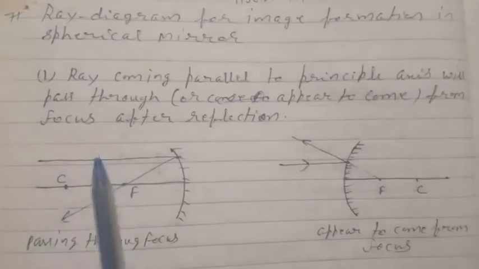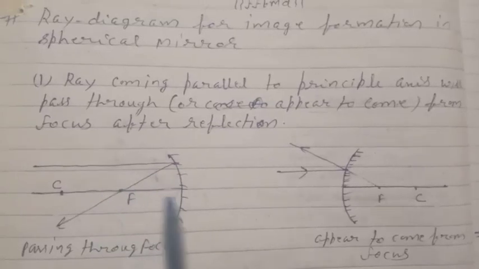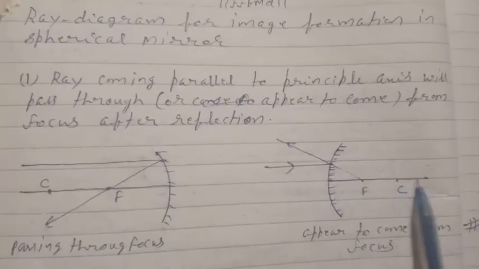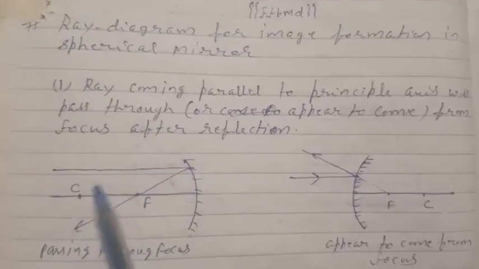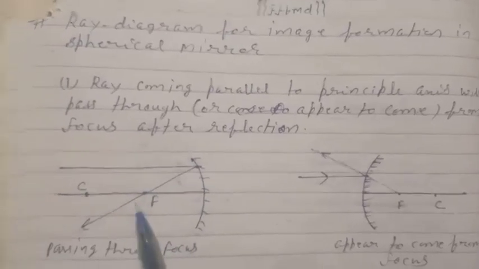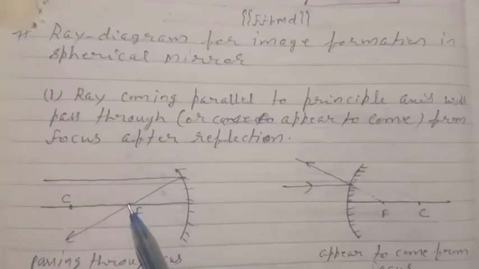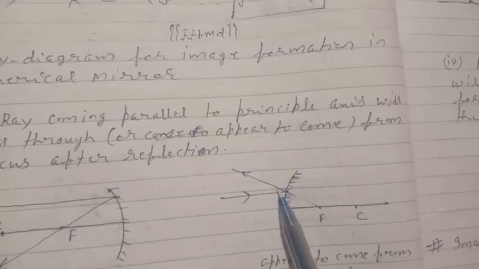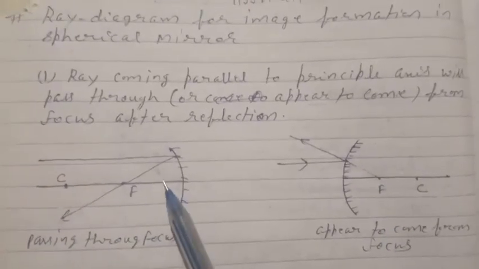Here, see the ray is coming parallel to the principal axis. So the ray is incident, and after reflection it passes through the focus. All rays coming parallel to the principal axis will pass through the focus or appear to come from the focus. In this case, it passes through the focus. In this case, because after reflection it is going in this direction, it appears to come from the focus. This is the case of a concave mirror, and this is the case of a convex mirror.